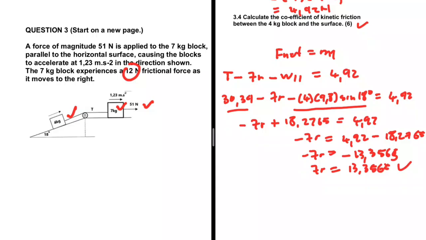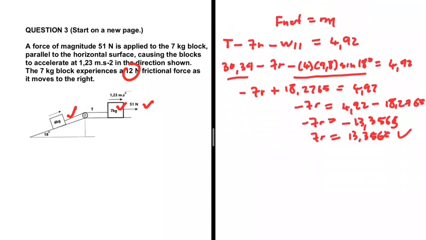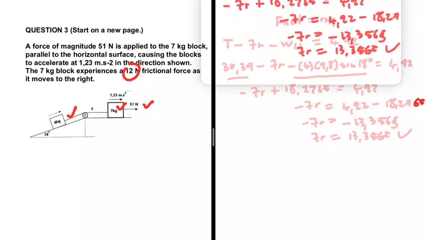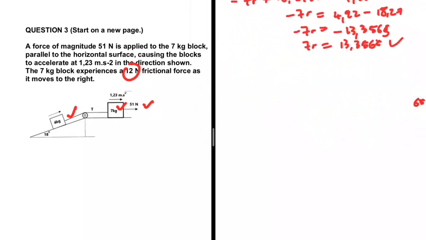Okay, let's go ahead and take a look. Let me just drag these upwards. We know fully well that the frictional force is equal to the coefficient multiplied by the normal force. So the frictional force, that is 13.3565, equals the coefficient.